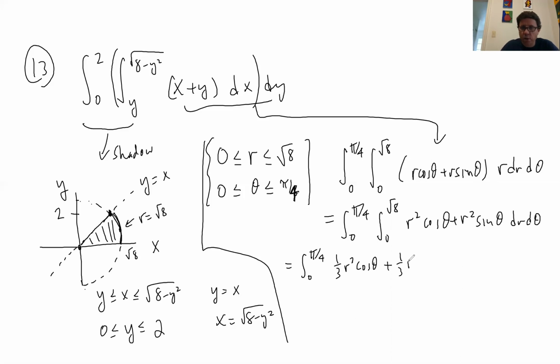Plus 1/3 r cubed sine theta. Evaluate that between 0 and square root 8. So plug that in. Let's go ahead and factor that out. Everything has a third. Everything has square root of 8 cubed. So I guess that would be 8 to the 3/2 power. And then I integrate from 0 to pi over 4 cosine plus sine.